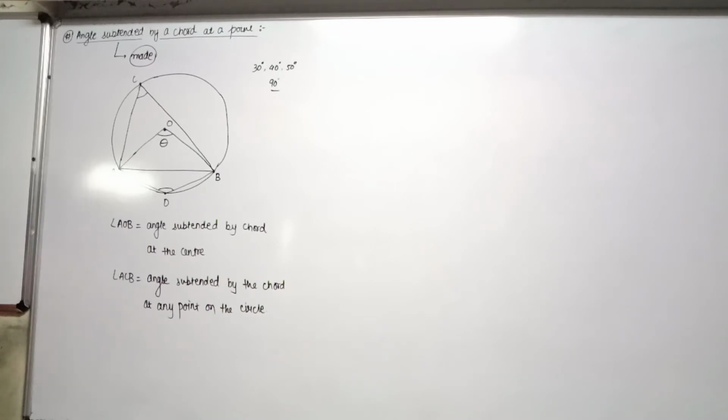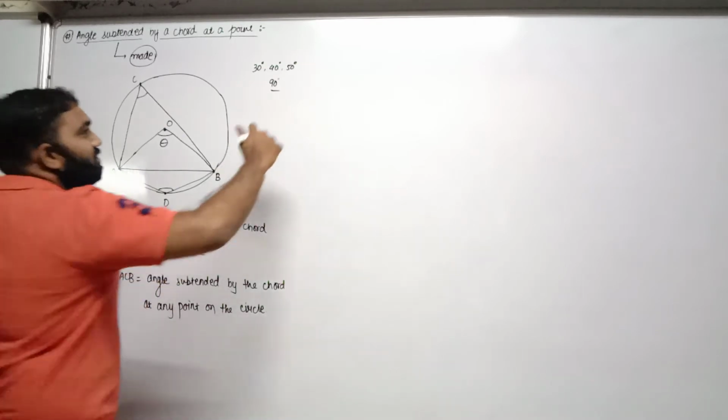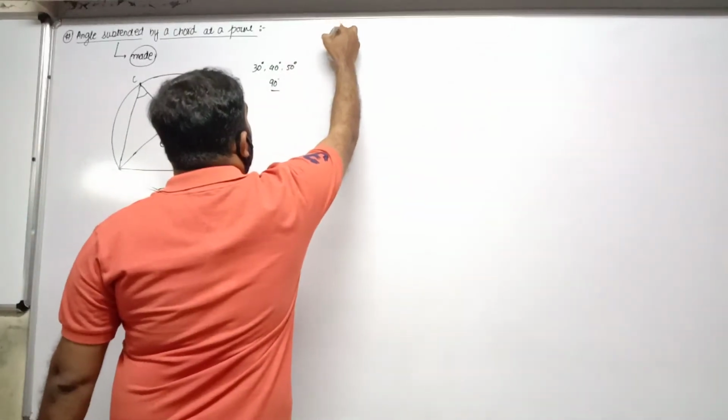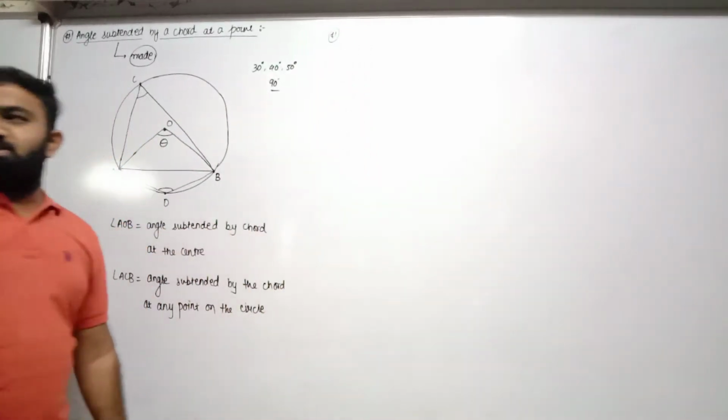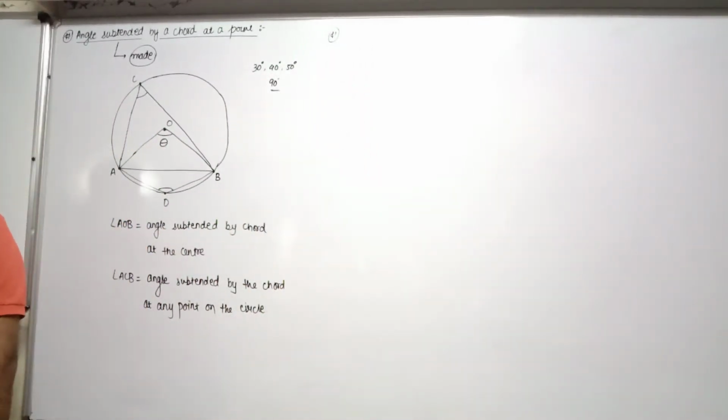Based on this, we have some theorems. The proofs of these theorems are not important for the examination, but we need to understand these theorems and see how they will work for the future.